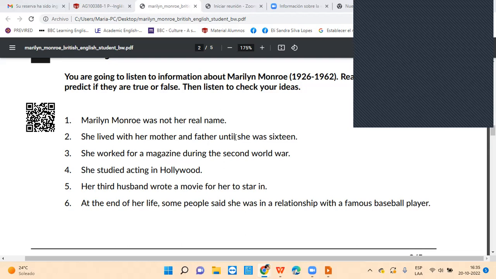So 5 and 6 would be false? What do you think, Alexis? Do you agree with Catalina? I have only 2 sentences that are true. The 1 and the 5. Maybe 5 is true. The other is false.